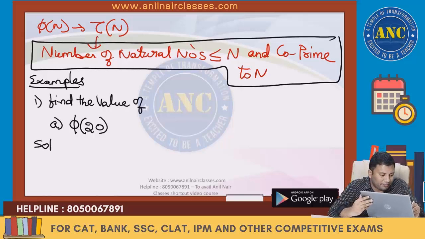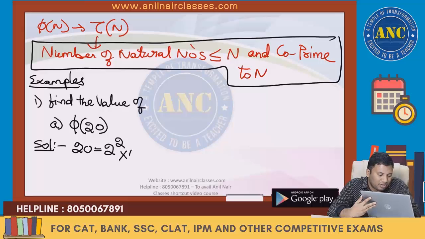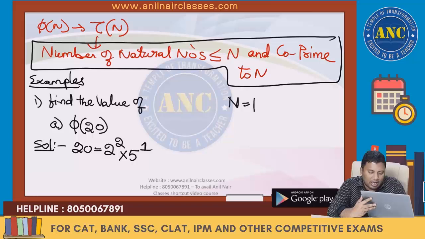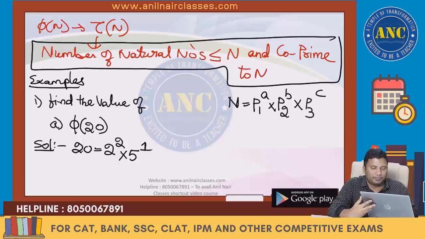Listen carefully. Step number 1. Take the number 20. Write it as a power of prime bases, which is 2 square into 5 power 1. So write the number as a power of prime bases, P1 power A into P2 power B into P3 power C. Right?